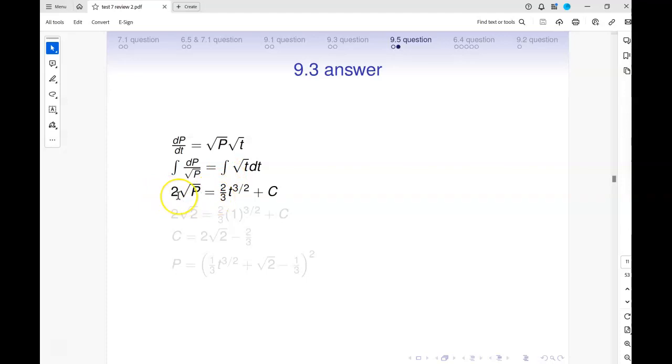At this step, I solved for c by using the initial values, t is 1 and p is 2. That gave me c is 2 root 2 minus 2/3. Then I went back to here, divided everything by 2, and squared both sides to get to that.